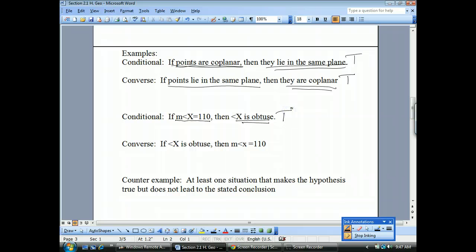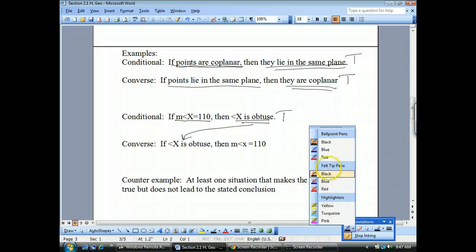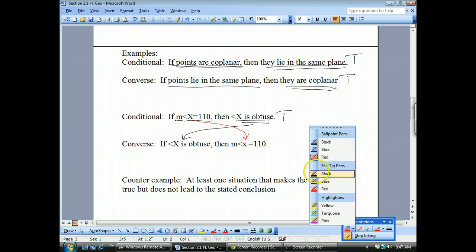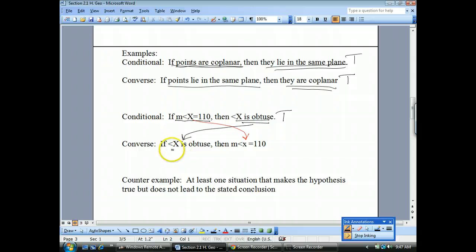The converse, so the conclusion becomes the hypothesis, and the hypothesis becomes the conclusion. So the hypothesis now is angle x is obtuse. The conclusion is the measure of angle x must equal 110 degrees.